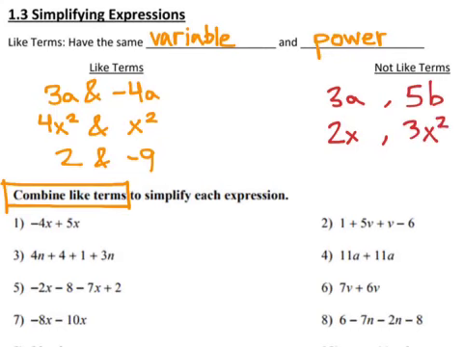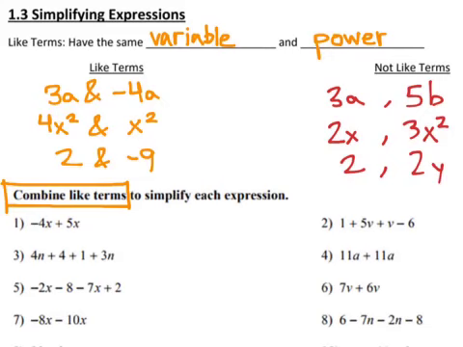They both have x, the same variable, but they don't have the same power, so we can't combine them. And then maybe 2 and 2y. One of them has a variable, one of them doesn't, so they can't be combined.